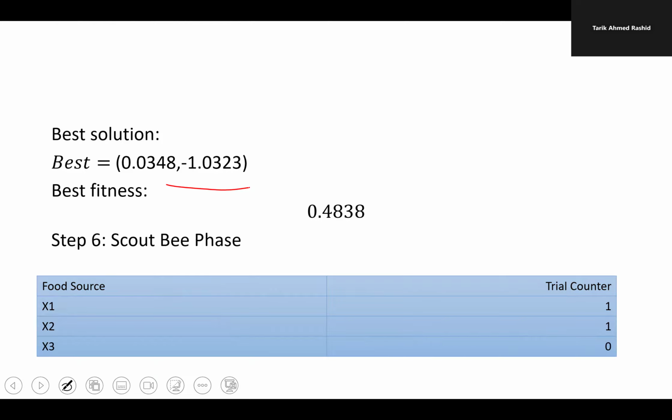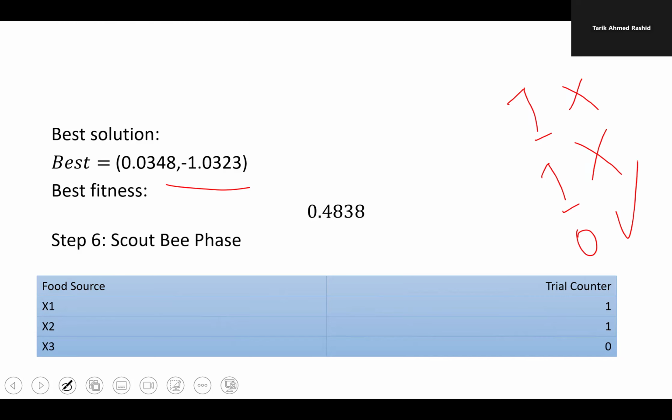What does it mean, this one? Now we have food source and trial counter. Well, first food source, there was no improvement. We put 1. The second food source, also we put 1 because there was no improvement. Now the third food source, we put 0 because there was improvement.